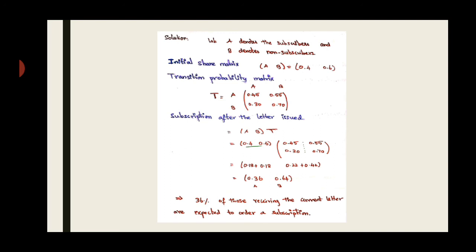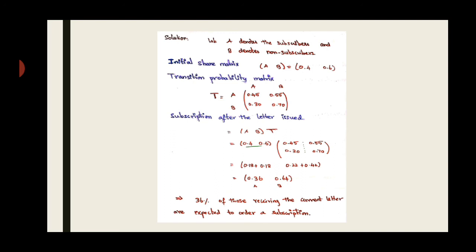So write the heading. Now multiply the initial share matrix with the T matrix. So initial share matrix is 0.4 and 0.6, and T matrix is 0.45, 0.55, 0.30, 0.70. Now take the AB matrix and multiply with the first column in T matrix. 0.4 into 0.45 is 0.18, plus 0.6 into 0.30 is 0.18.